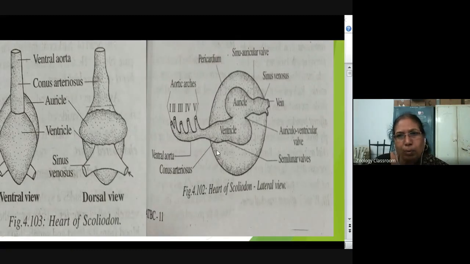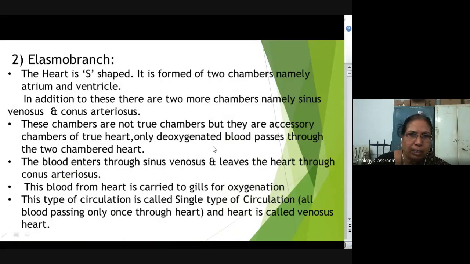The heart of Scoliodon is called a venous heart, and the circulation is single circulation. Blood passes to the sinus venosus, auricle, then ventricle, then conus arteriosus. It cannot prevent backward flow; it shows only a single flow. So it is called single circulation. This is the description.